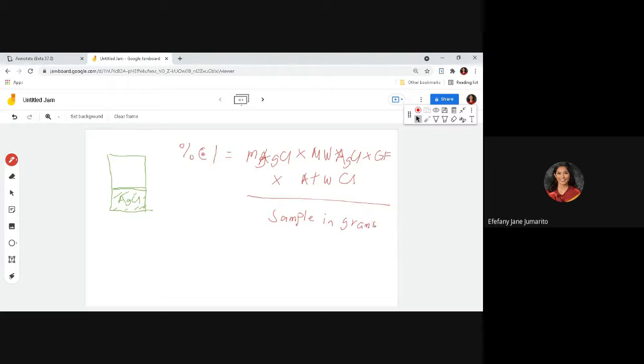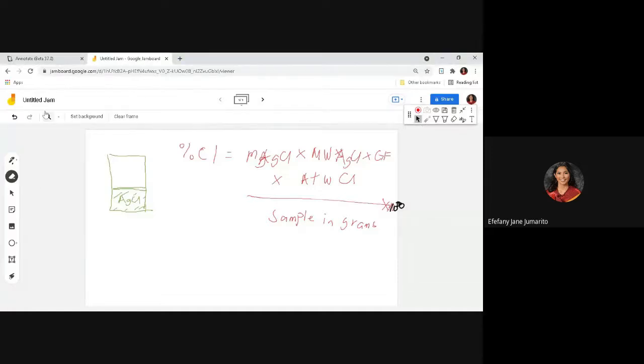Then because it's percent, don't forget that it will be multiplied by 100. Okay, we have that one.